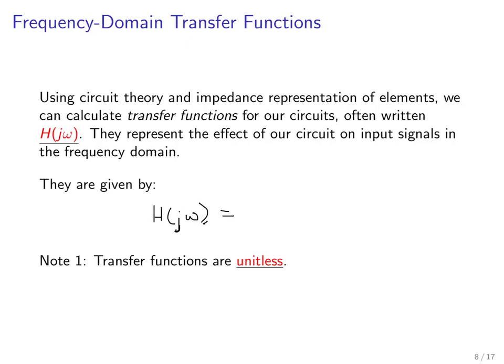is going to be equal to the ratio of the output signal Vout of j omega, sorry, I'm having a hard time with the pen here, divided by Vin of j omega.